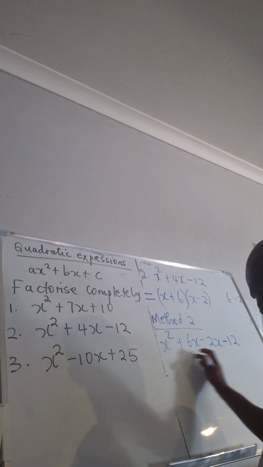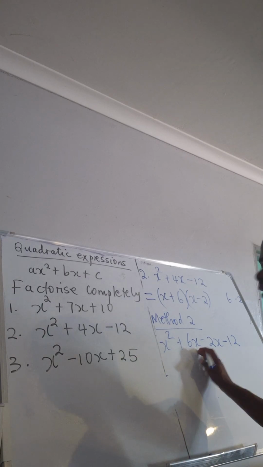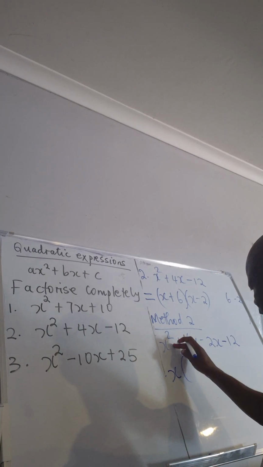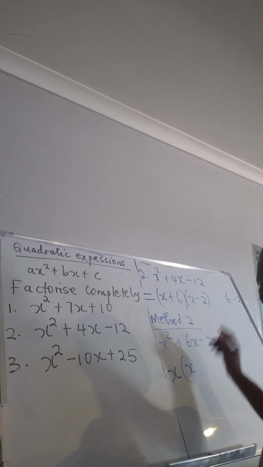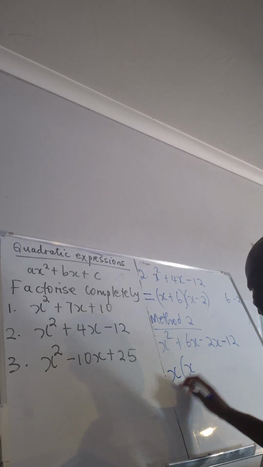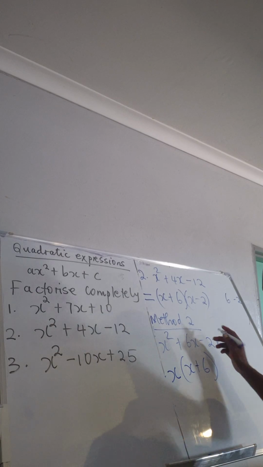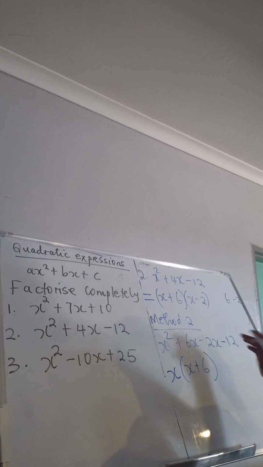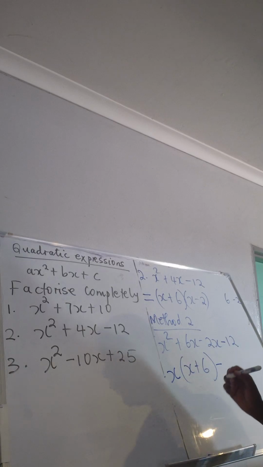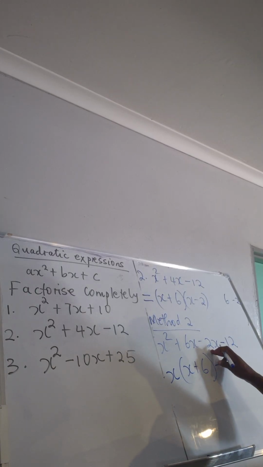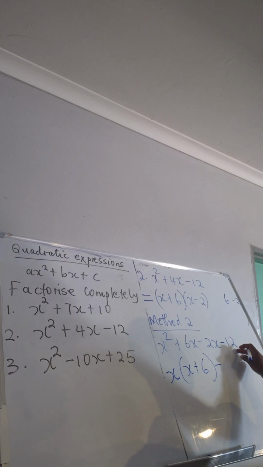So now, group this one, the 2. If I group x squared and 6x, the common factor is x. So x squared divided by x, you get x. 6x divided by x, you get 6. Then here, there's a negative, so you can put minus outside the brackets and then check the common factor between 2x and 12.